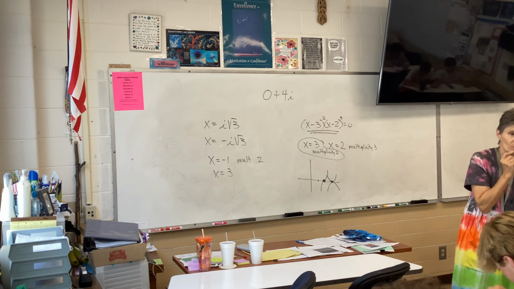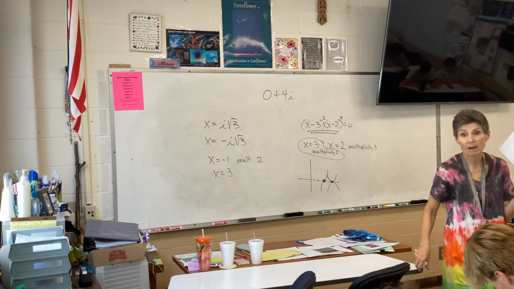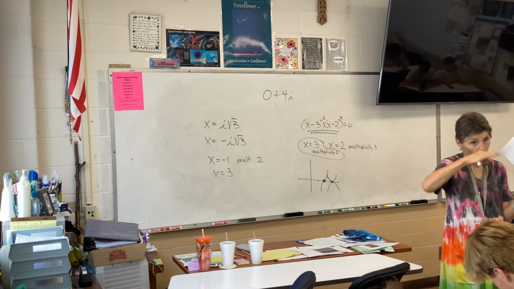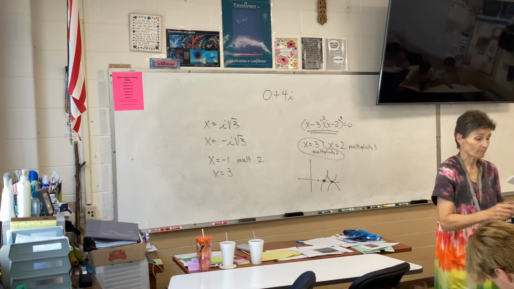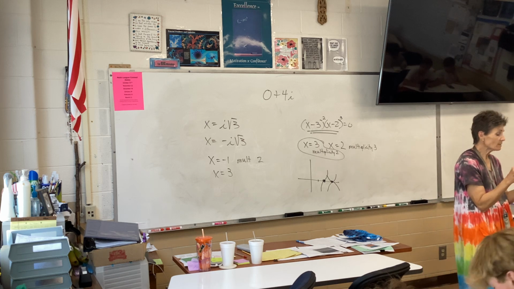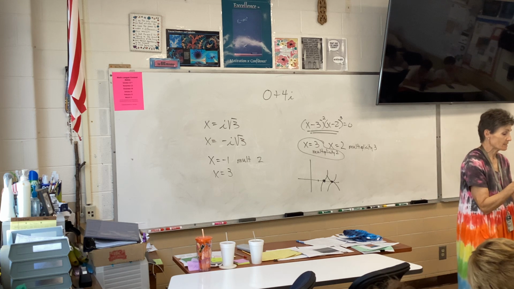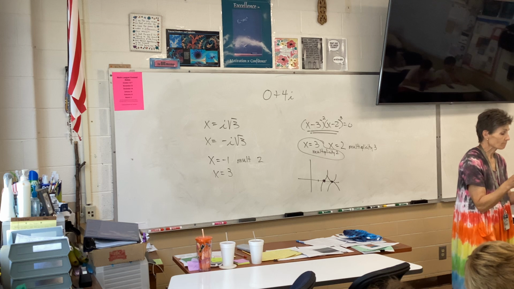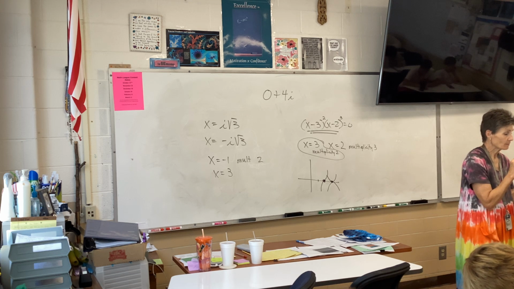Remember all those problems we did where you had to decide if the curve was positive or negative? All right, look at the picture. Where does f of x equal 0? Negative 3, negative 1, and 3.